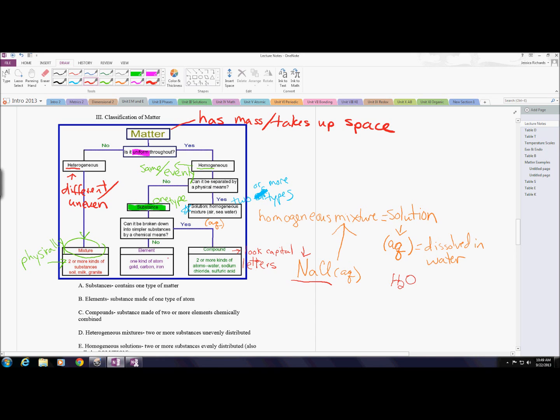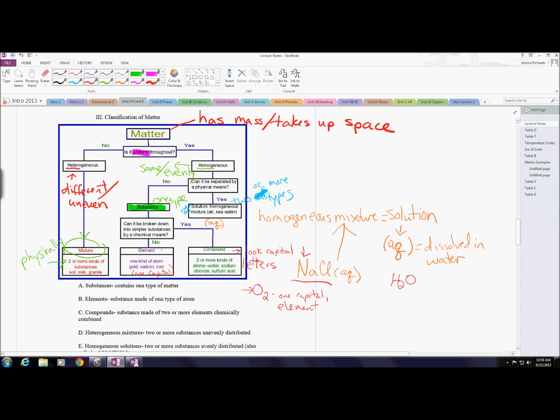Okay? If there's only one capital letter, then it's going to be an element. So even if you see a subscript, when they write oxygen, they're going to write O2, one capital letter. This one is an element.